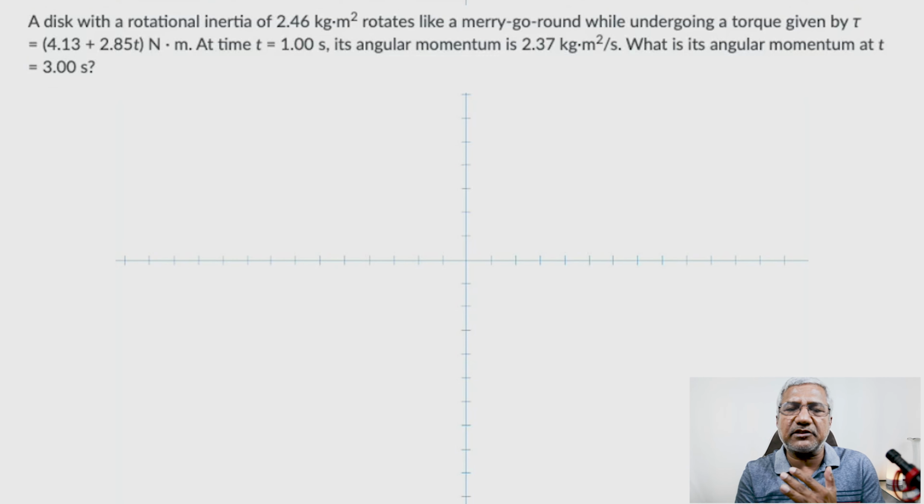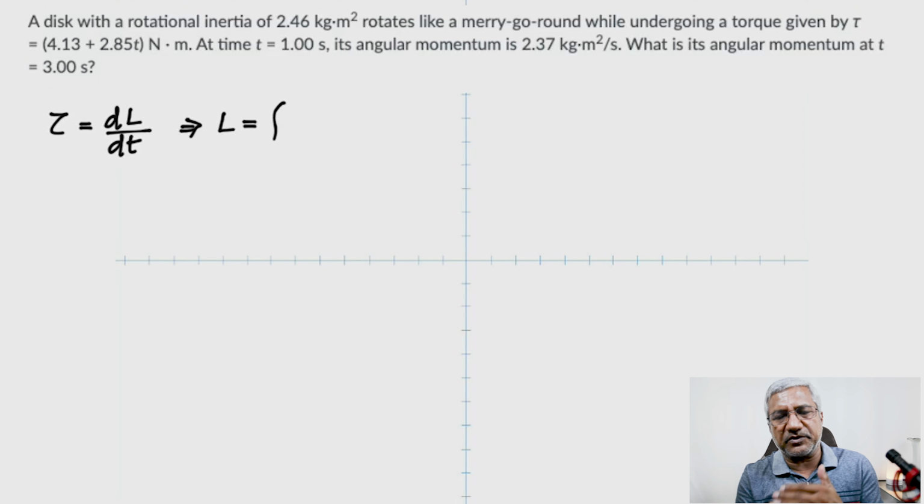So you have the rotational inertia, you have the torque, and remember the torque is a function of time. And so basically you're looking at the relation between torque and angular momentum, which we know: torque is the rate of change of angular momentum. Tau is dL by dt.